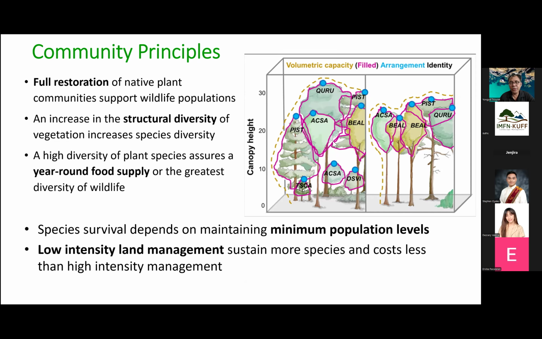If we use multiple layers, like the figure on the left-hand side, it is much better than the figure on the right-hand side, where we have only one crown layer. This will provide multiple ecological richness to birds, animals, and waterbirds.